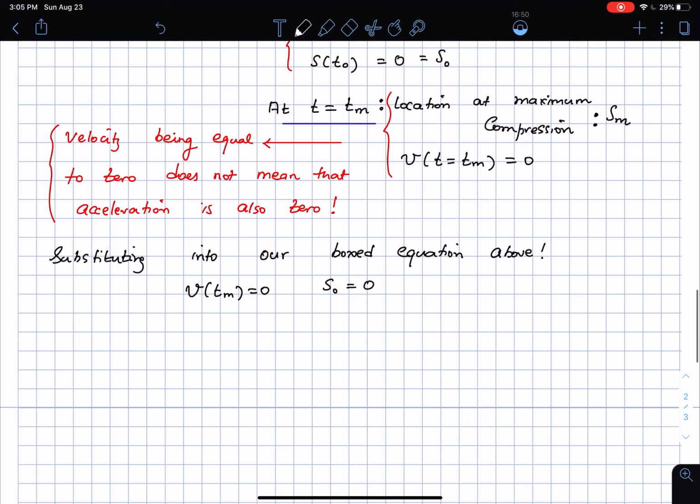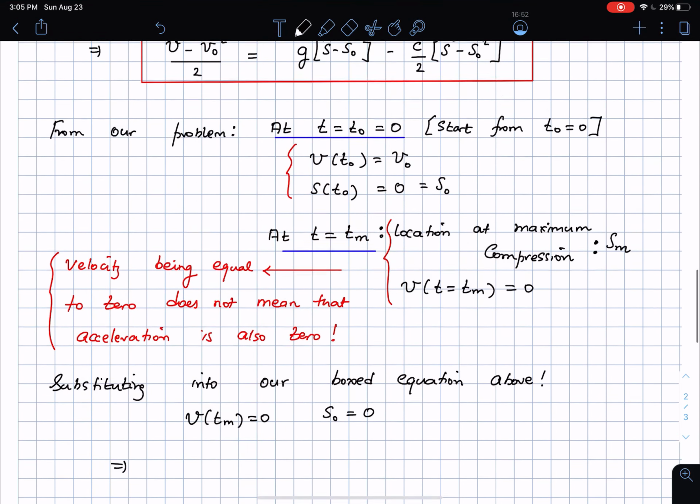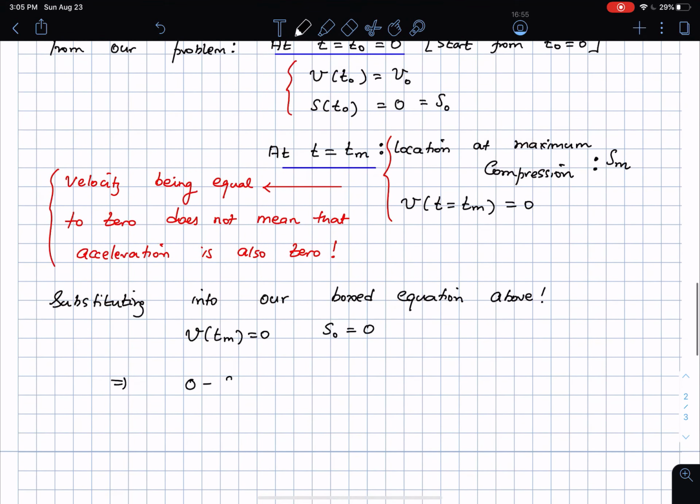And so here is what I end up getting. This is going to be 0 minus V naught squared by 2, and this is going to be G times Sm minus 0, minus C times Sm square minus 0, divided by a factor of 2.